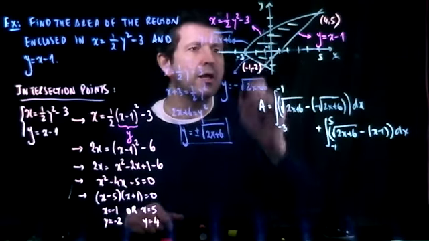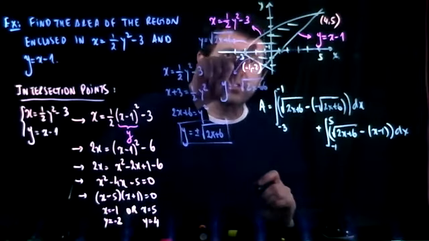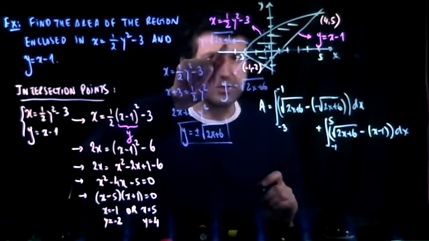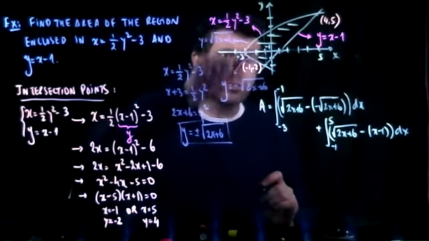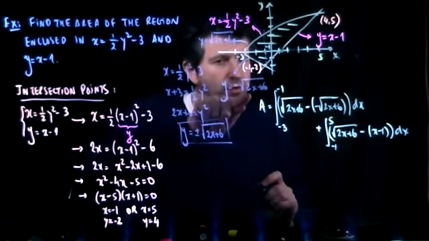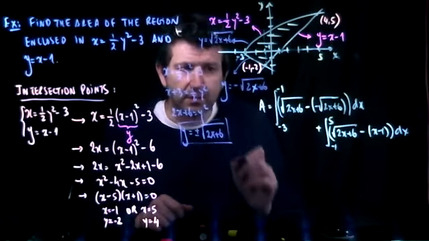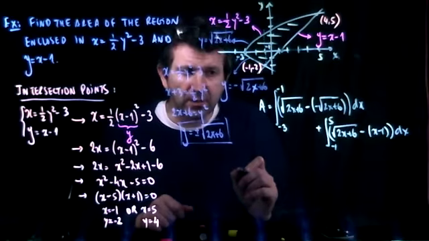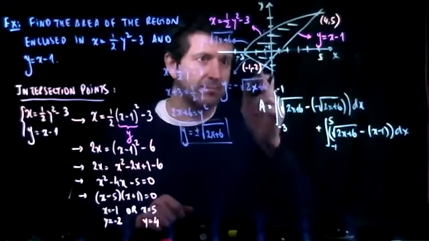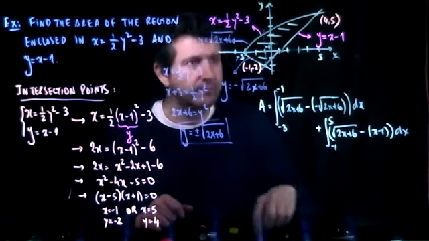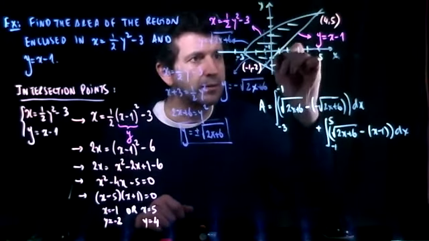And in this little region, the top function is square root of 2x plus 6, and the bottom function is minus the square root of 2x plus 6. This you understand? Okay, because the straight line begins at -1. Exactly. At -1, that's where the bottom function becomes a straight line. Exactly. Okay.